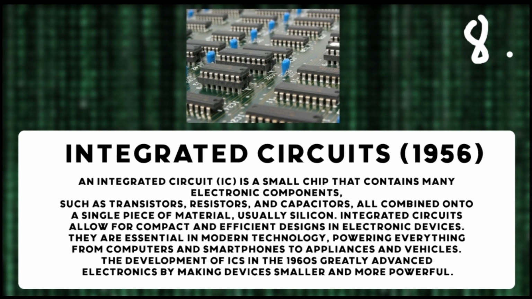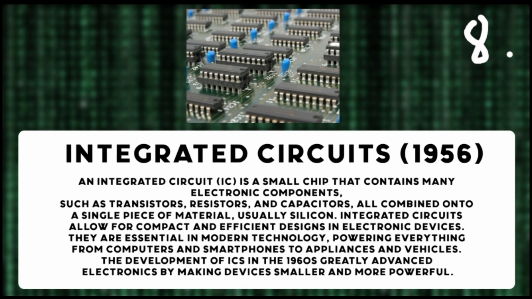a single piece of material, usually silicon. Integrated circuits allow for compact and efficient designs in electronic devices, from computers and smartphones to appliances and vehicles. Integrated circuits are not only installed in your computers, in your tablets, in your phones, but they're also used in your appliances.